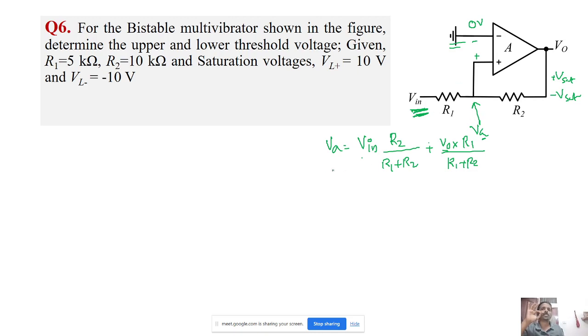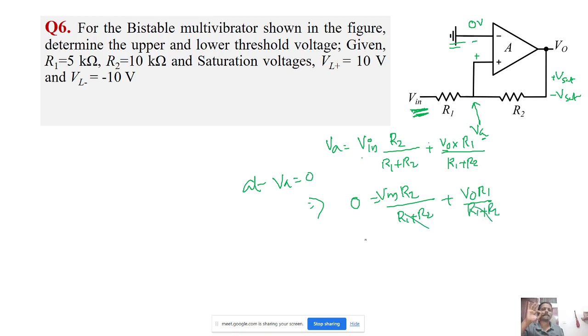So what we will do is find, at VA equal to 0, the relation between Vin and V0. Applying this, 0 equals Vin R2 by R1 plus R2 plus V0 into R1 by R1 plus R2. The common denominator will cancel off.